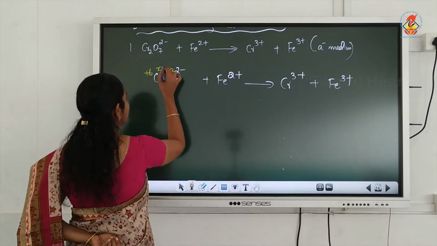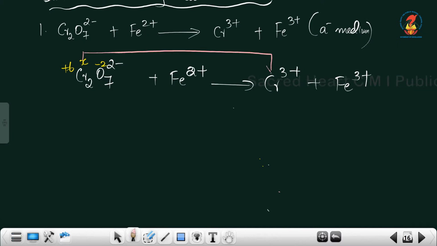Plus 6 changes to plus 3, which means there is a decrease in oxidation number by 3, isn't it? So it is reduction.